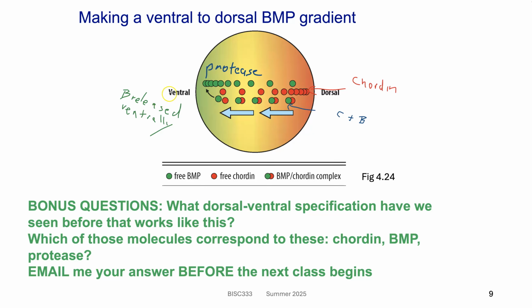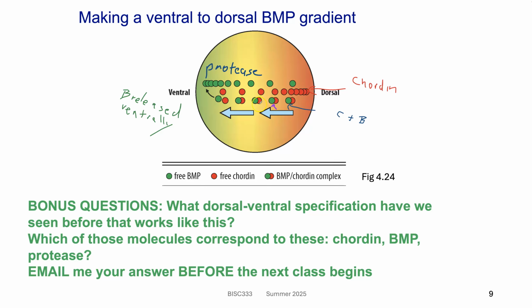And this is just a picture of it. So on the dorsal side, here's lots of molecules of cordon. You have more BMP on the ventral side because of the action of cordon. Wherever cordon encounters a molecule of BMP, wherever that happens to be, it can bind to it. And then as it's diffusing, whenever it reaches the ventral region, it could move all over the place.